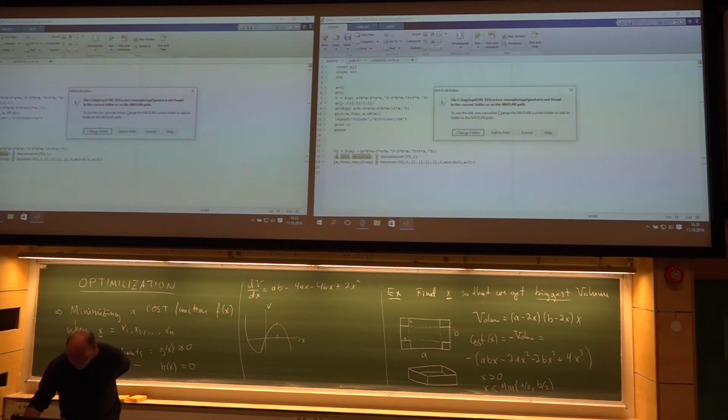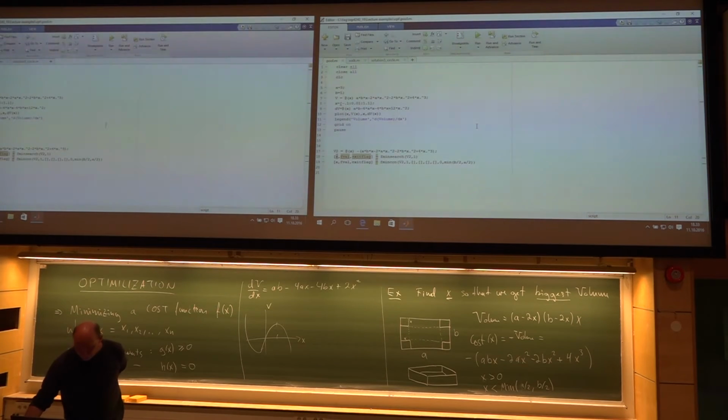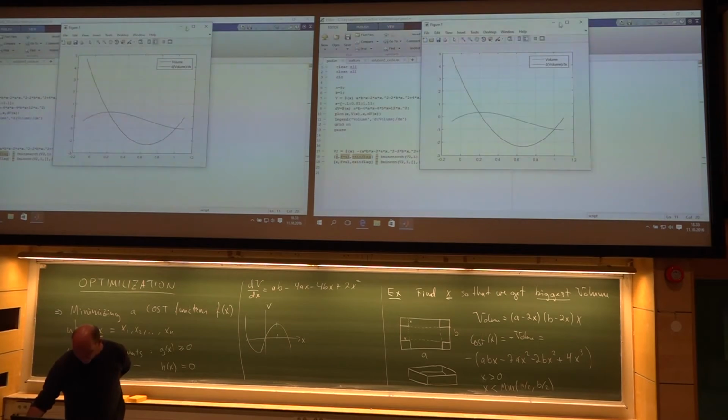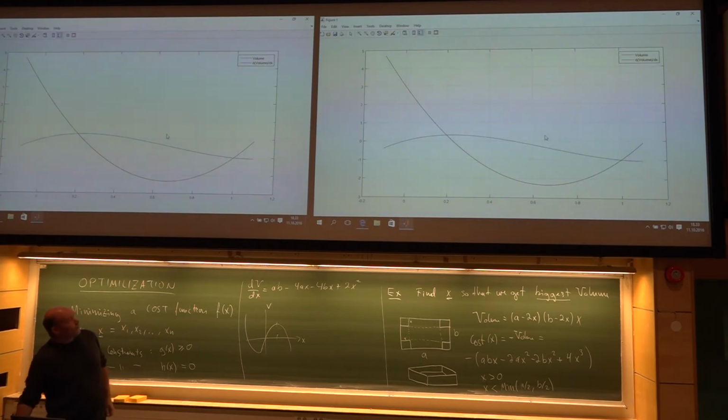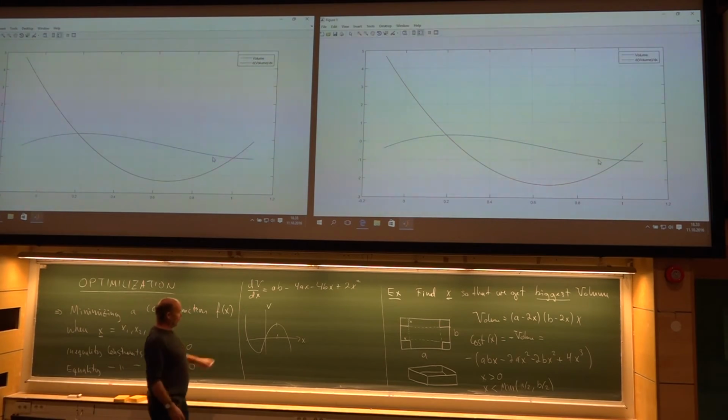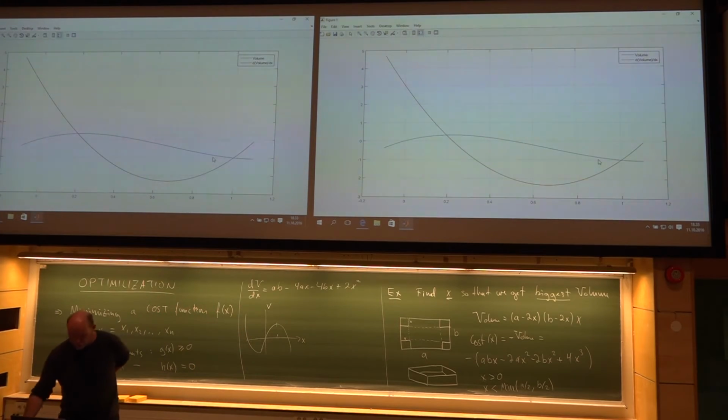So running this one should then hopefully produce something like this. The blue one here should be the volume, which is a third order function. And the maximum value should be here somewhere.